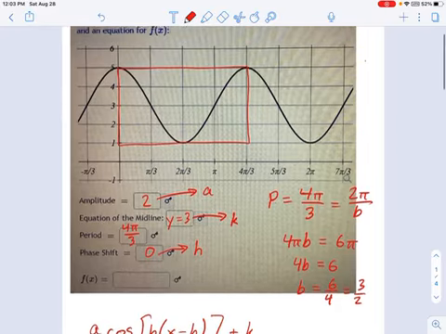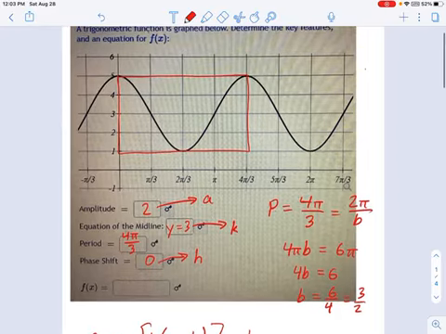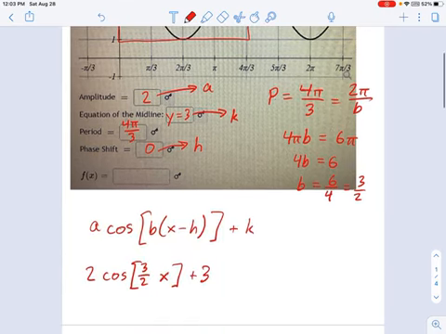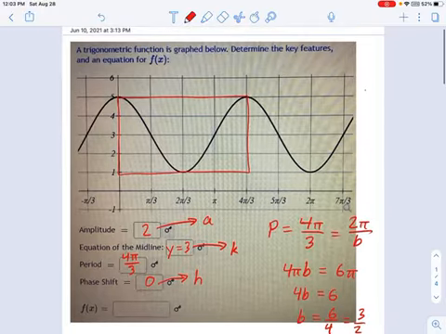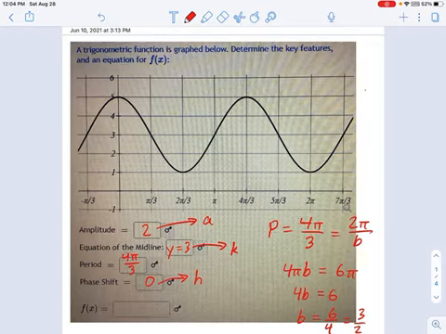Because if you take a look at this thing, you have to make sure that we're talking about a positive function and not a negative function. Remember that the amplitude is always going to be a positive number. Well, you have to double check and make sure we don't have a vertical reflection going on here. In this case, I don't. This is a positive cosine function. But in another case, let's say we had a function that went like this.